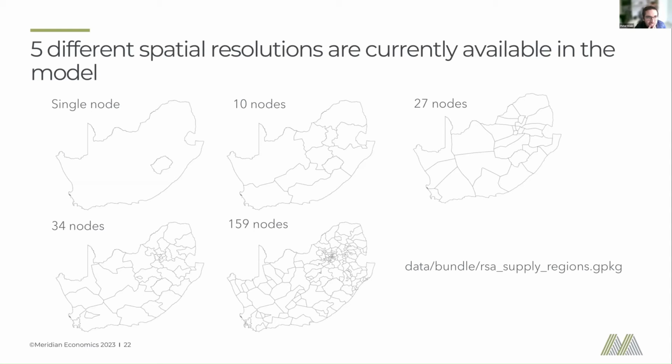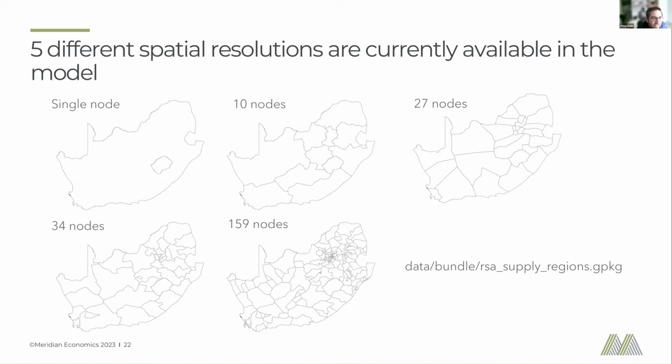So the final new frontier, I'd say, in terms of modeling, and especially given the focus on the grid at the moment, is understanding more multinodal modeling. And this is where the European PyPSA models have a significant head start on us.